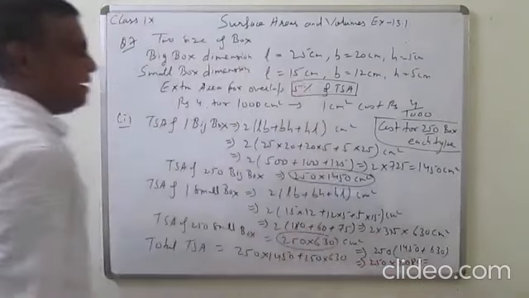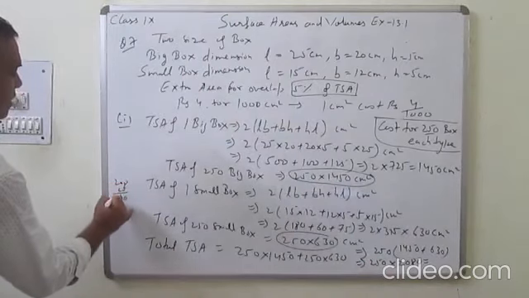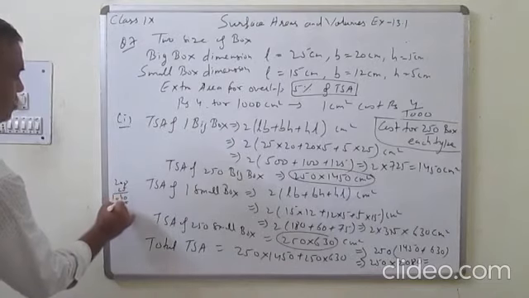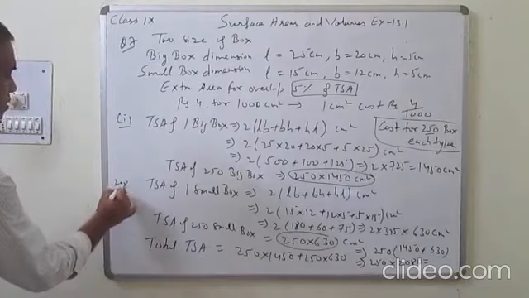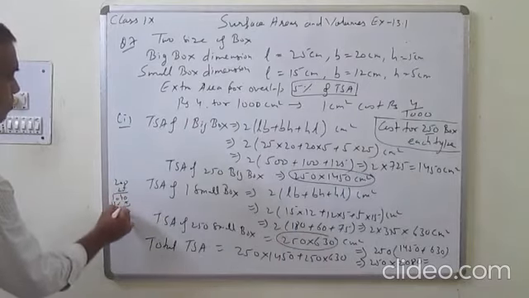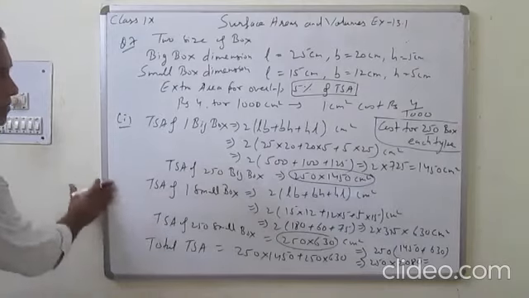If you multiply 208 by 25, you will get 5200.